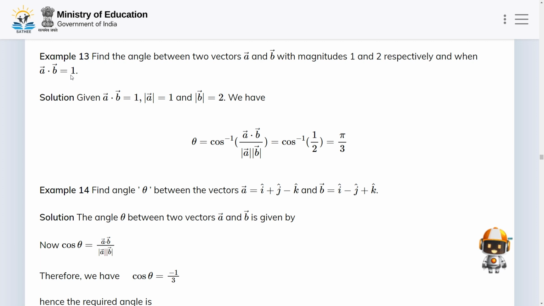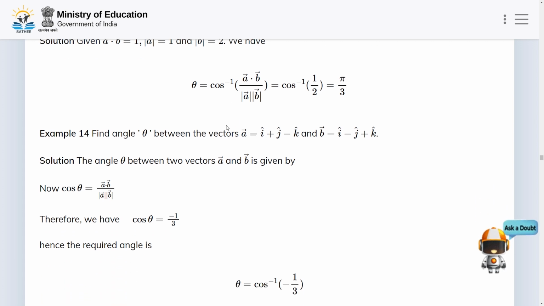We have already defined that cos theta must be A dot B divided by magnitude of A times magnitude of B. In other words, theta will be cos inverse of the dot product of A and B over the product of their magnitudes. The dot product is 1, the denominator will be 2, so cos inverse half will be pi by 3. So you will have your theta as pi by 3.